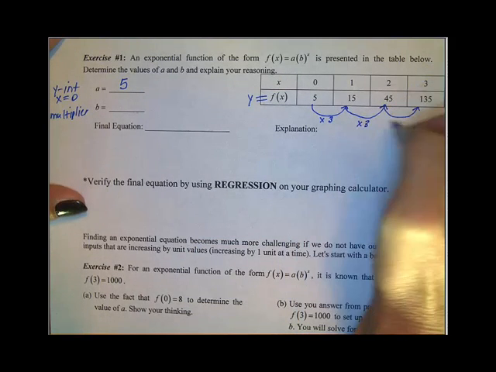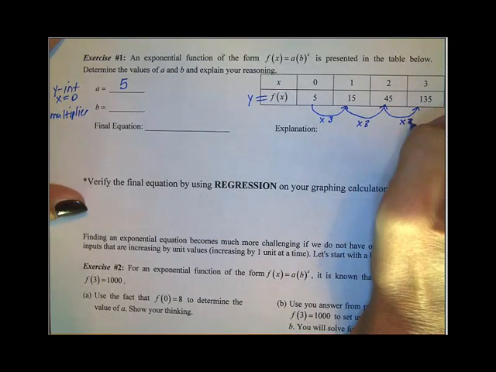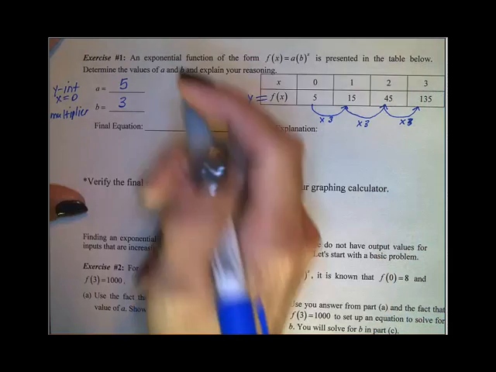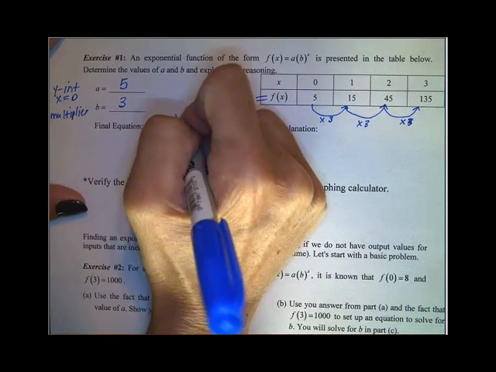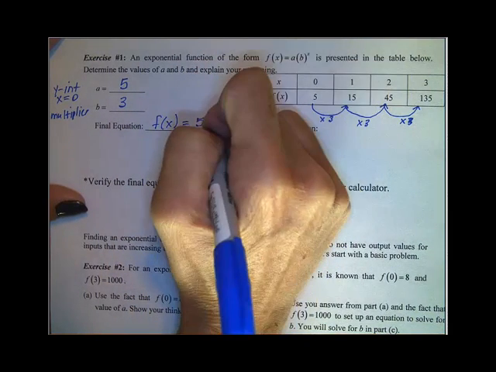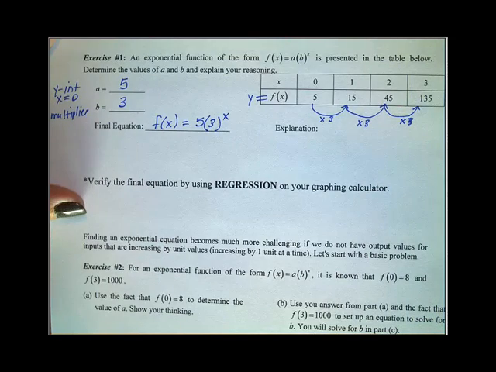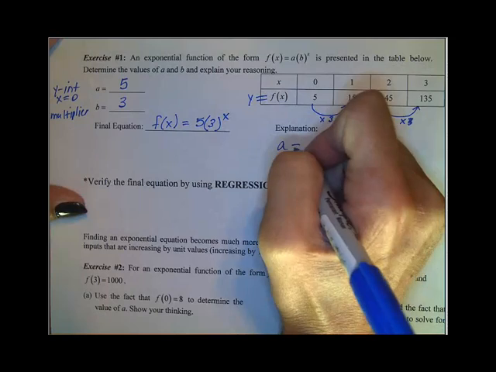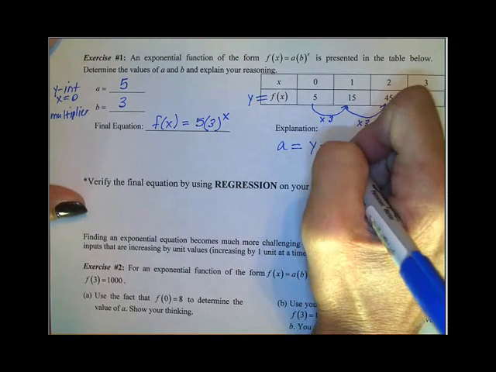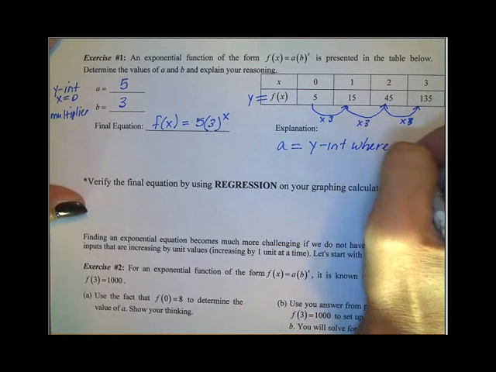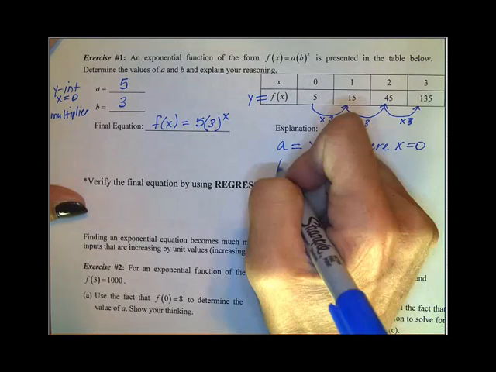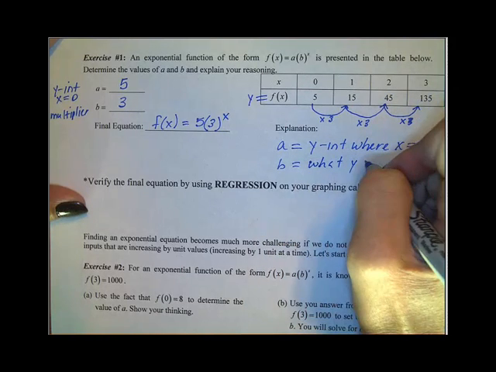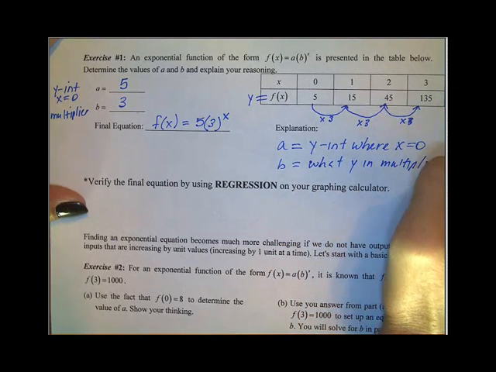And your answer is, yes, it does. So I know my b value is 3. Therefore, my final equation is f of x equals 5 times 3 to the x. And my explanation is that a equals the y-intercept where x equals 0, and b equals what y is multiplied by.